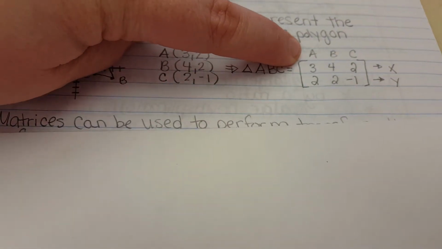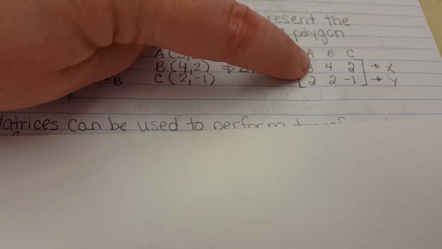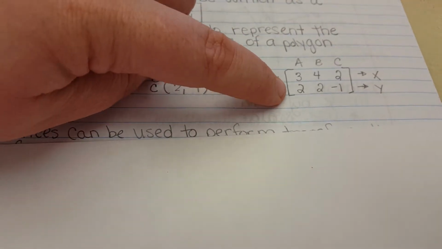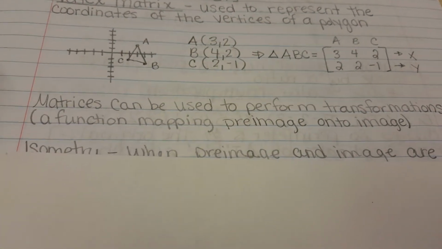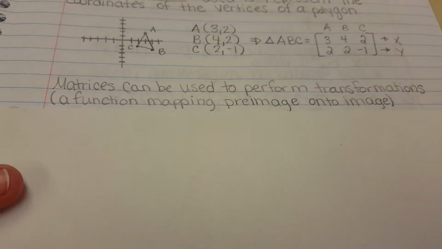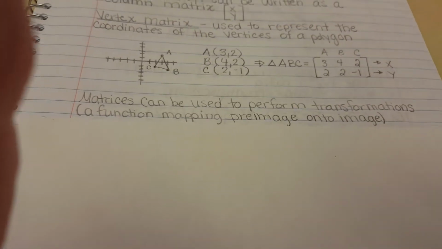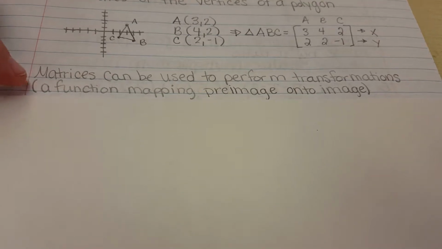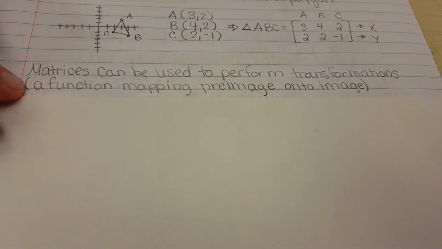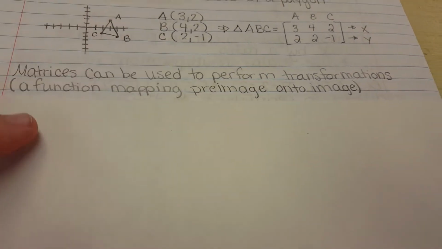So this is coordinate A, coordinate B, coordinate C. This whole top row is my x's and the bottom one is my y's. Okay, vertex matrix. Then I can use various other matrices in order to transform or move around the image or the pre-image to make an image.